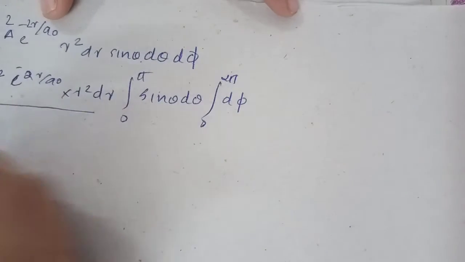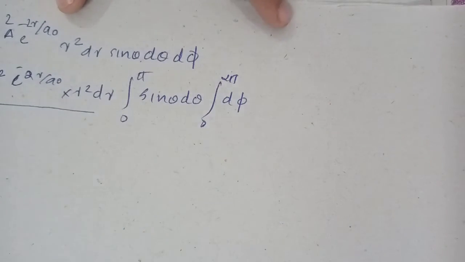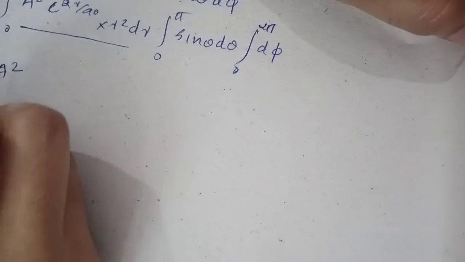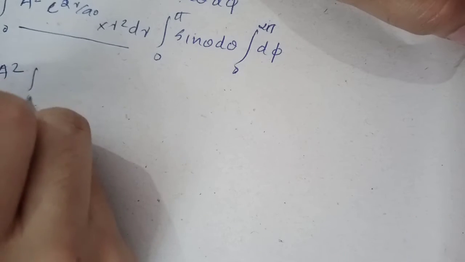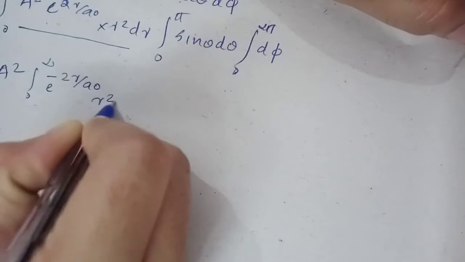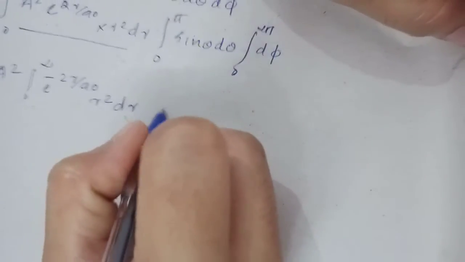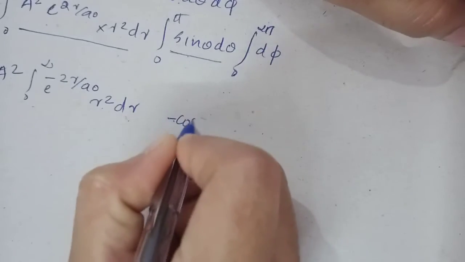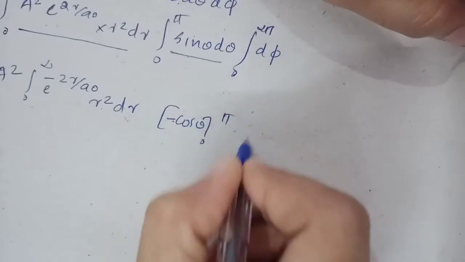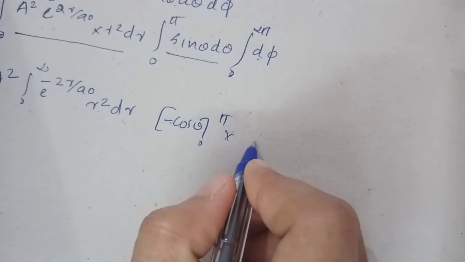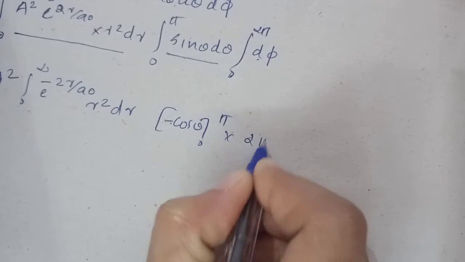Here a squared can be taken outside, and we also have to find the integral of e raised to minus 2r by a naught r squared dr. The integral of sin theta is minus cos theta from 0 to pi, which is 2, and the integral of d phi from 0 to 2 pi is 2 pi only.